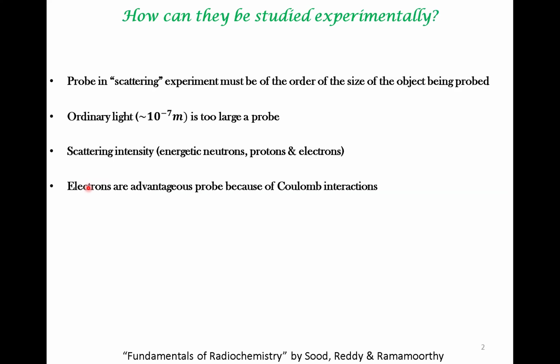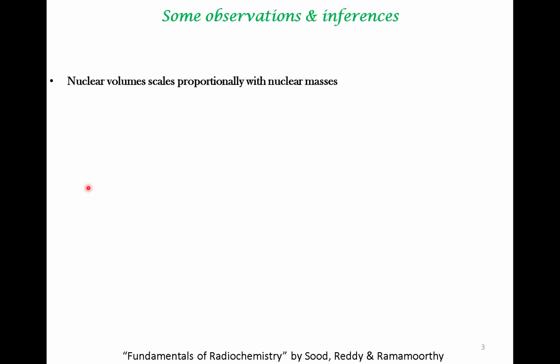We won't go any further into how the scattering experiments are done, but we would just mention that with such experiments, we can get an idea of the radius of the nucleus.